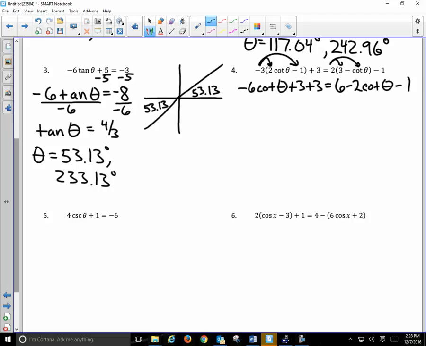So I decided to distribute. Now I'm going to look at combining some like terms. What can I combine together on the left-hand side? So I get negative 6 cotangent of theta plus 6 is equal to, and on this side I can combine the 6 and the negative 1 to get a 5.